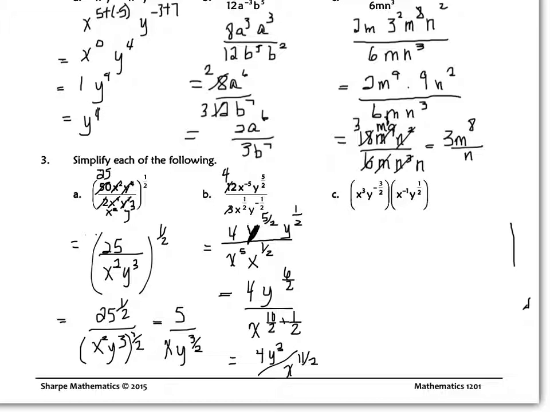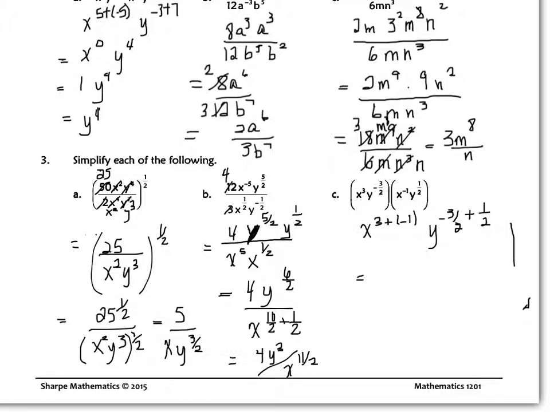And the next example there would be, I can basically get rid of those brackets because there's no powers outside, so I can add the exponents 3 plus negative 1, and the y to the negative 3 over 2 plus a half.